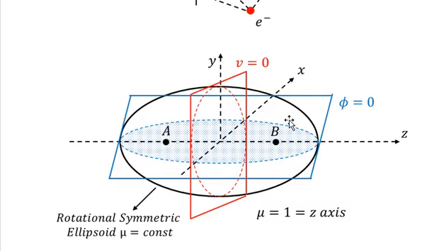Since the electron has to be on the ellipsoid at all times, when Ra and Rb are equal to each other, then of course the electron will be lying in the middle of the points A and B, that is at the center, at z equal to 0. And there we have nu equal to 0.